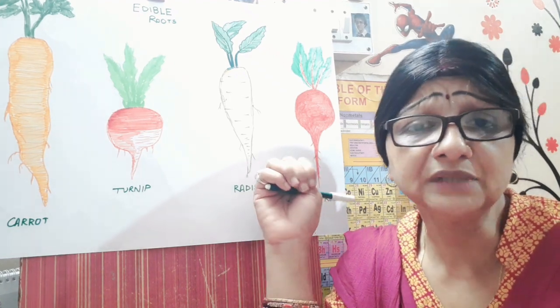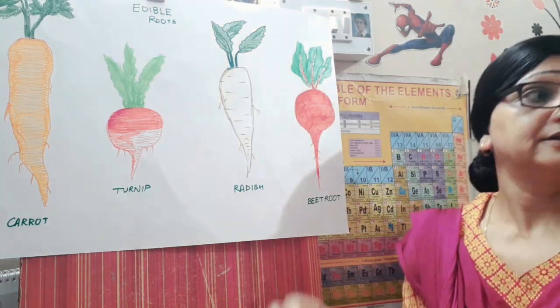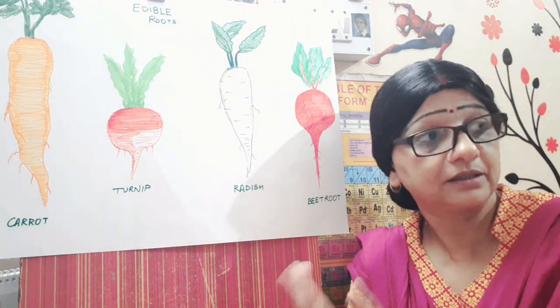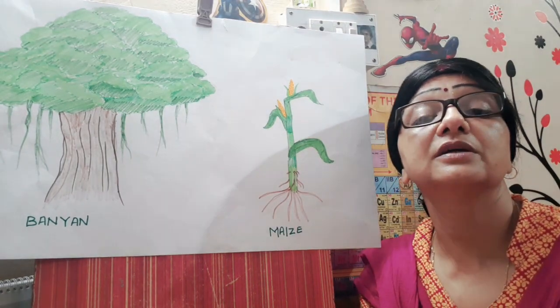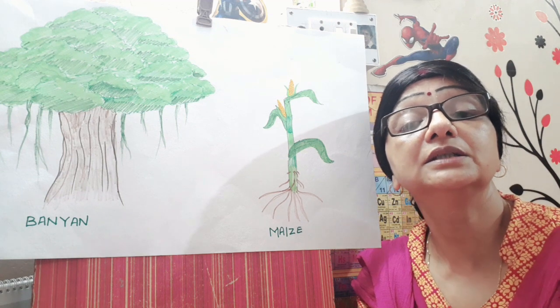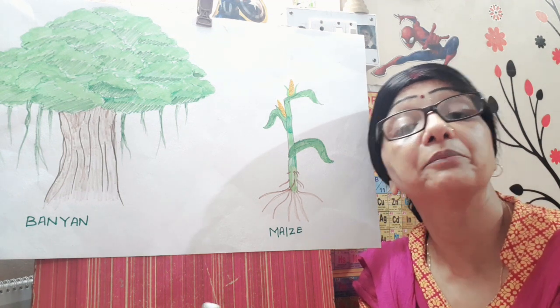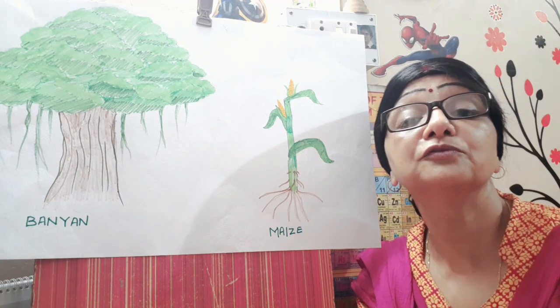Like that, two different plants are there, like maize and banyan. As you learned, in edible roots, the root stores food. But in the case of banyan and maize, the root performs a different function. The different function is what?